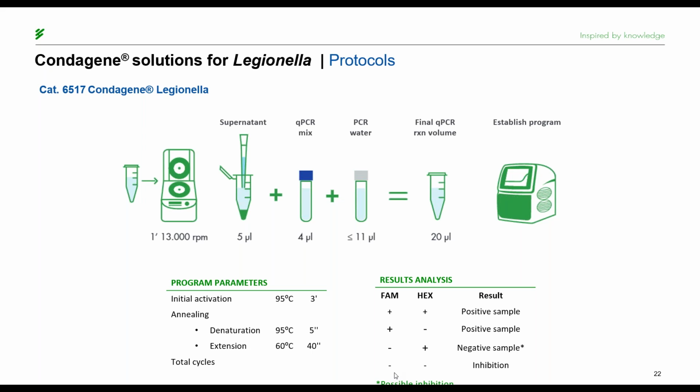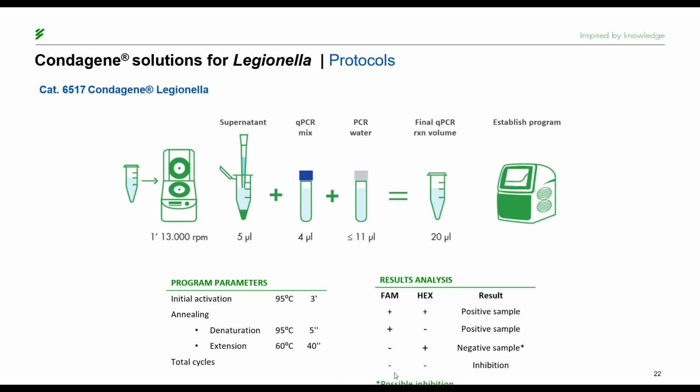So how would we load a PCR plate? On one hand, we have our PCR tube or well with the sample, then another tube or well that will also contain the same amount of qPCR mixture and water, but 5 microliters of the positive control, the tube with the yellow cap, instead of the sample.